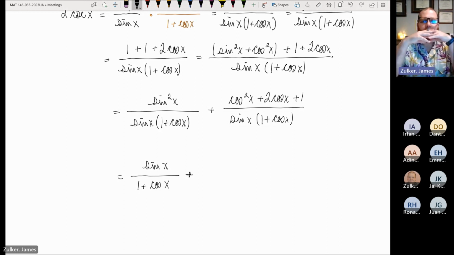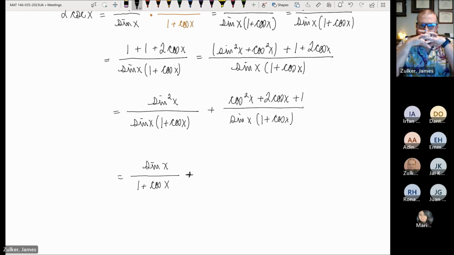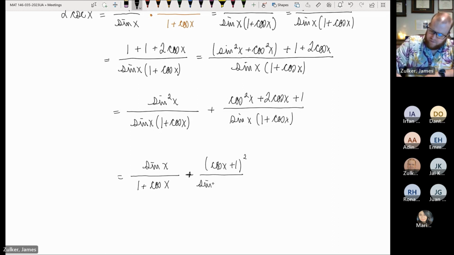Wasn't that numerator quadratic? So we'd be able to write it as a perfect square binomial, right? It's cosine of x plus 1 all squared.